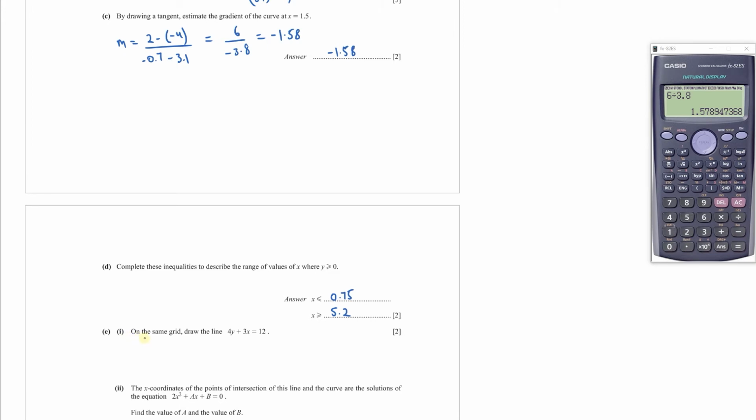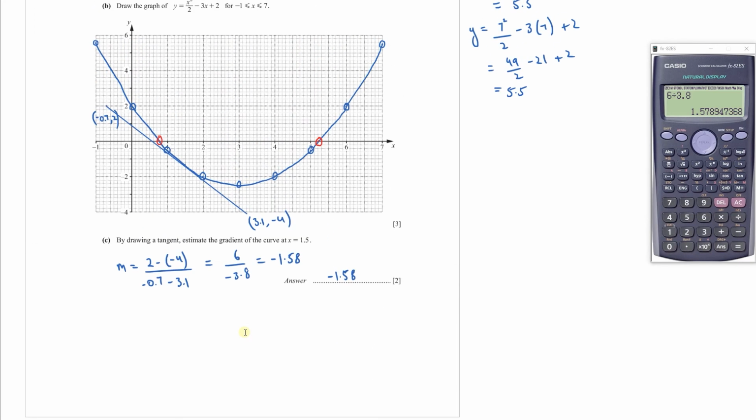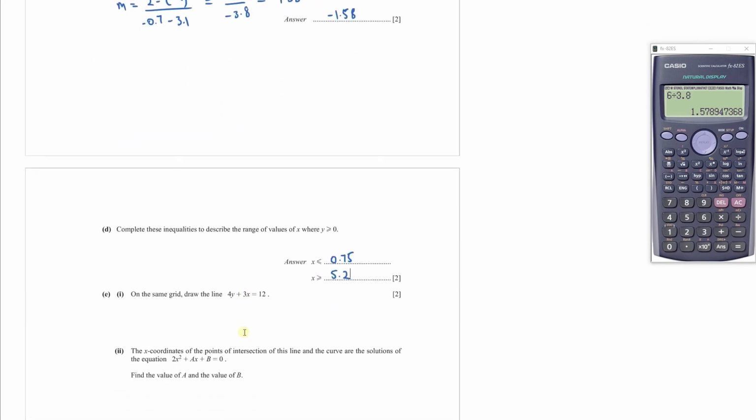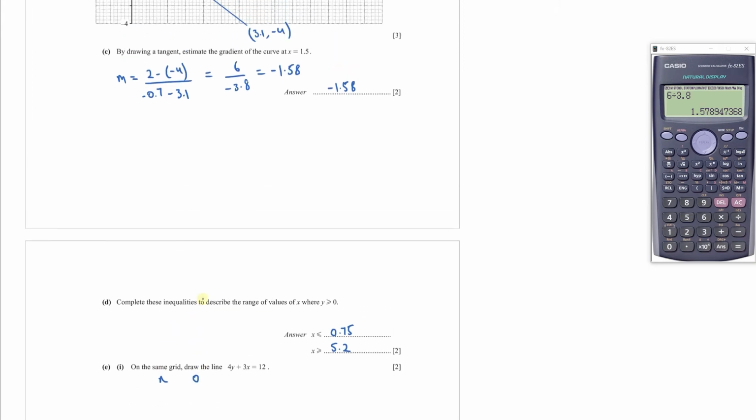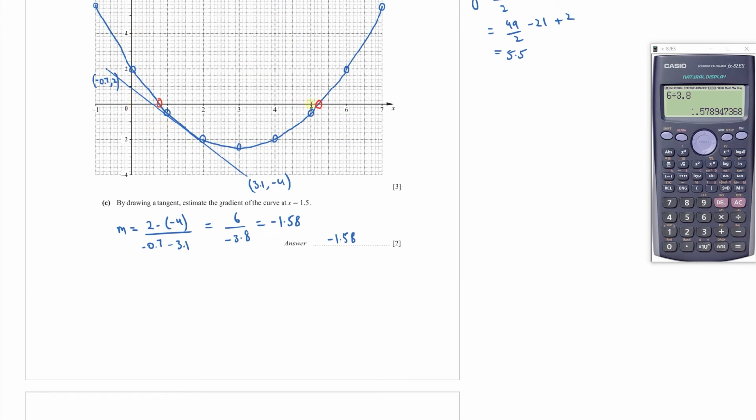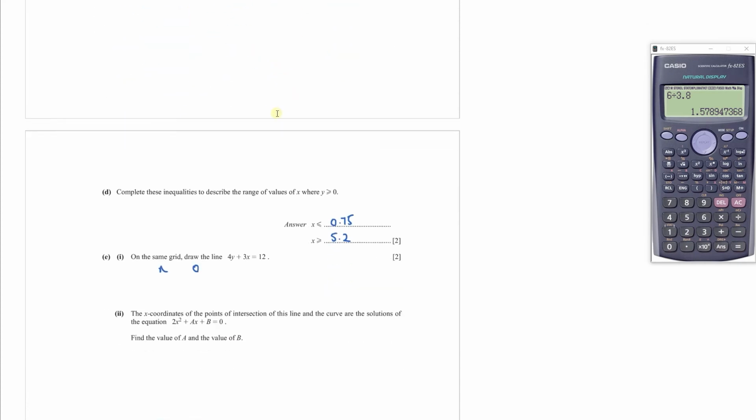Part E1 is on the same grid, draw the line for this equation. So we can take any two values of x and find the corresponding y values. One value we can take is x is 0, and another value, let's say, x is 4.